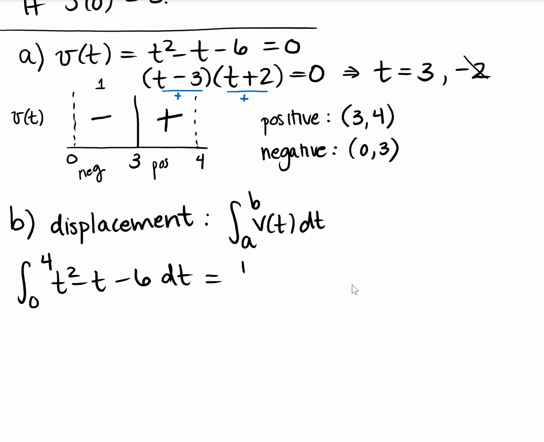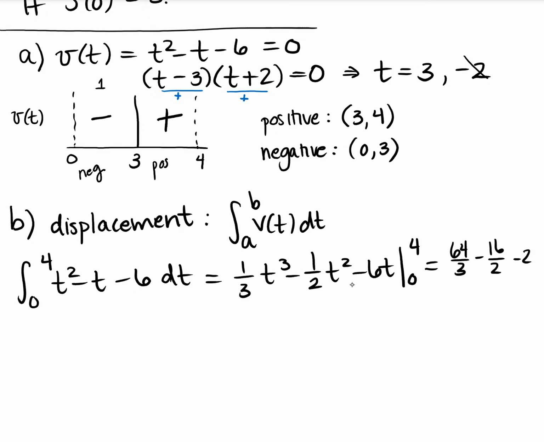Take the antiderivative, I get 1/3 t cubed minus 1/2 t squared minus 6t, and we'll evaluate that from 0 to 4. When I plug in 0, everything's going away. When I plug in 4, I get 64/3 minus 16/2 minus 24, which gives us a negative 32/3.